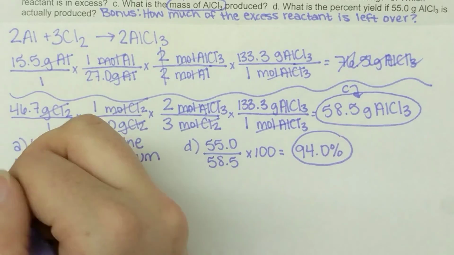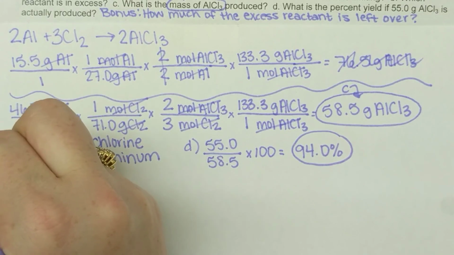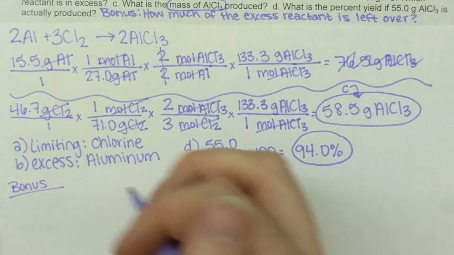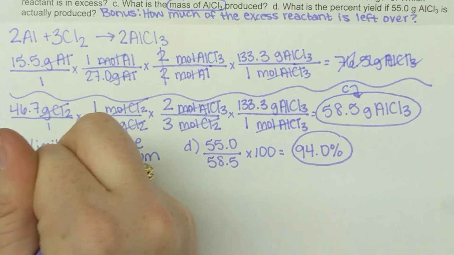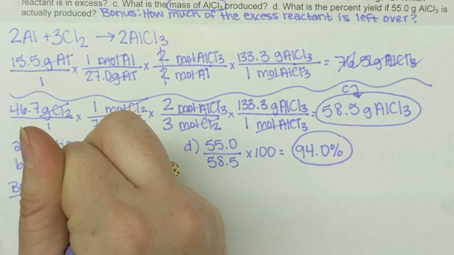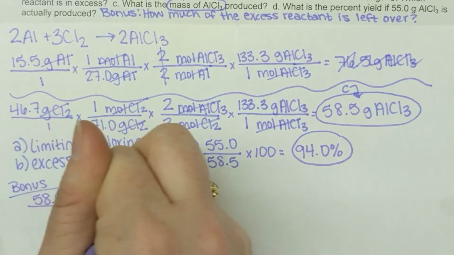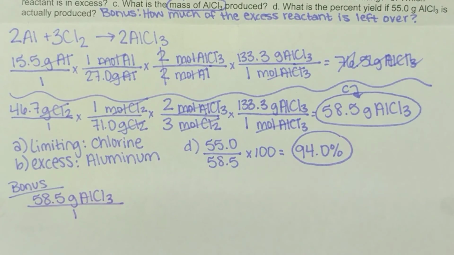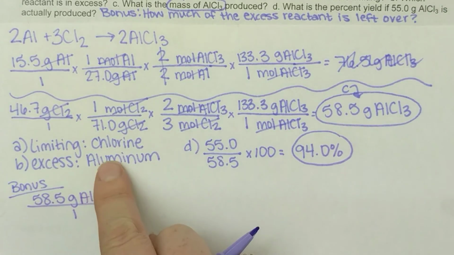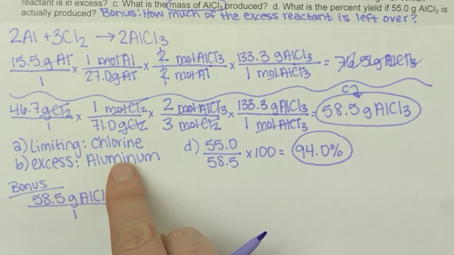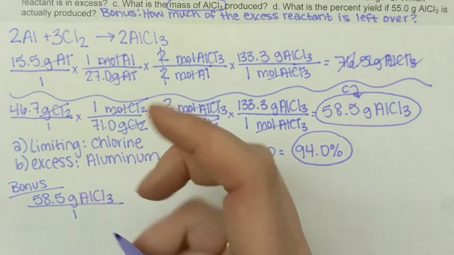So start with this value, my bonus question, over 1. And we're going to go back to my excess, which was aluminum, and see how much aluminum was used just to make this.